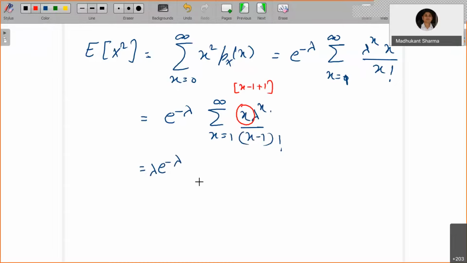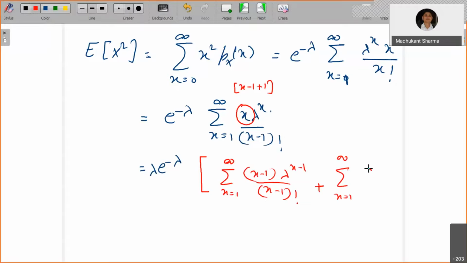So what I will get is lambda times e to the power minus lambda, times the summation from x equals 1 to infinity of (x minus 1) times lambda to the power x minus 1 divided by x minus 1 factorial, plus the summation from x equals 1 to infinity of lambda to the power x minus 1 by x minus 1 factorial.